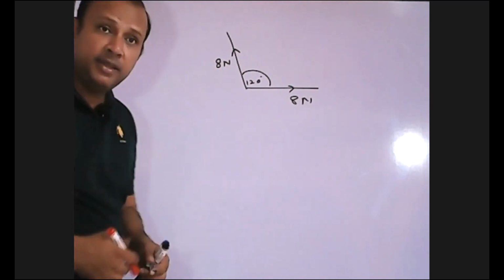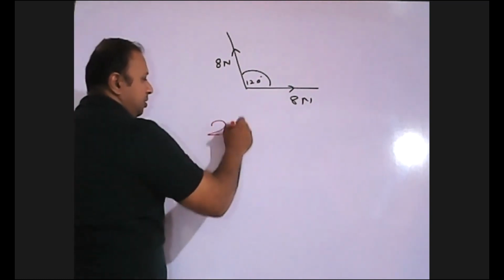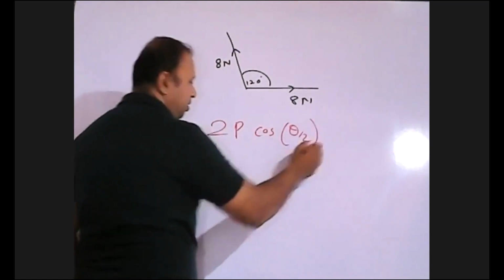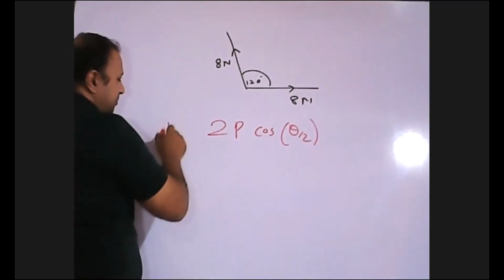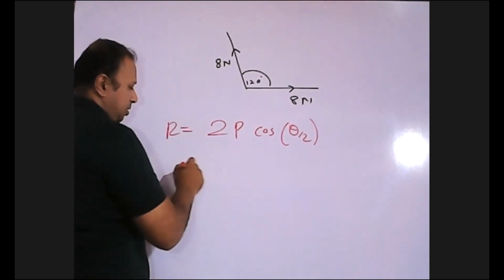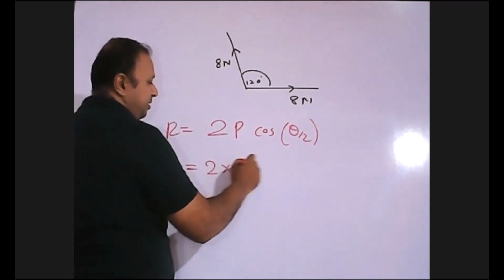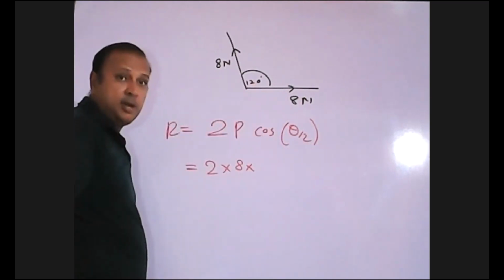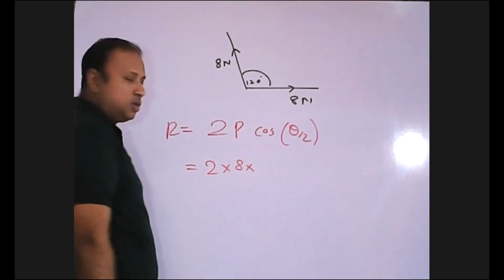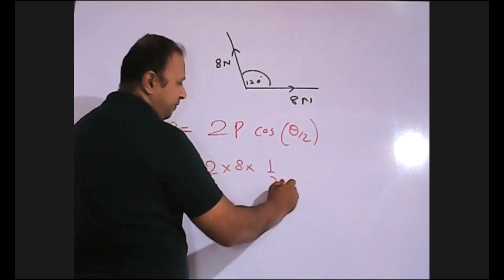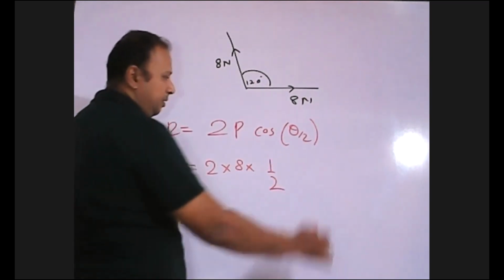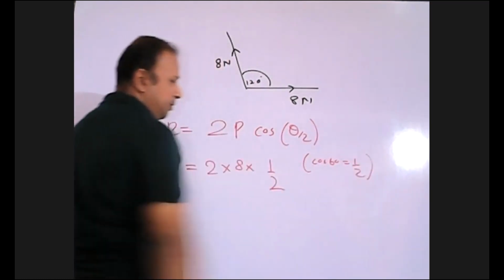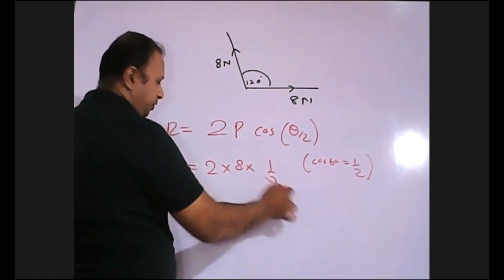How to calculate that thing? Using this equation, 2P cos theta over 2. You can apply this equation. 2P means 2 times 8, into cos theta over 2, where theta is 120. 120 over 2 means 60. So cos 60 is equal to half. So the 2s will be cancelled out.